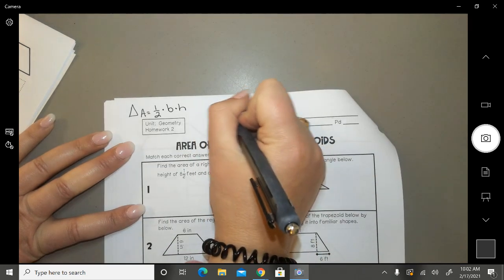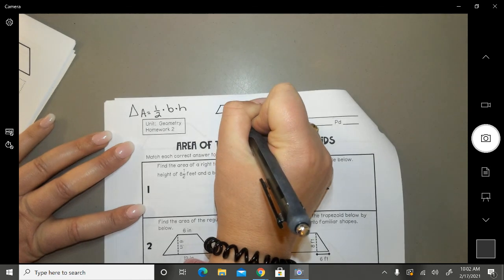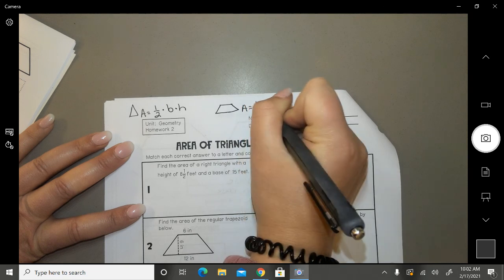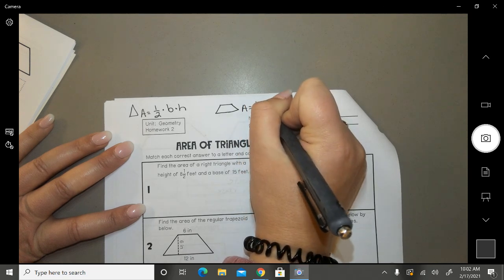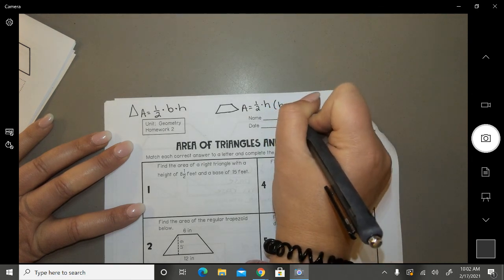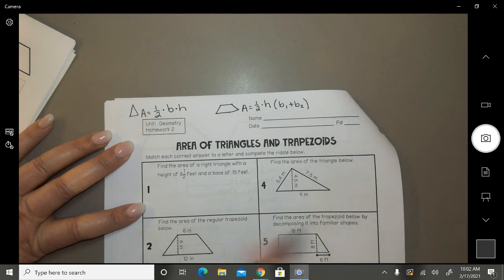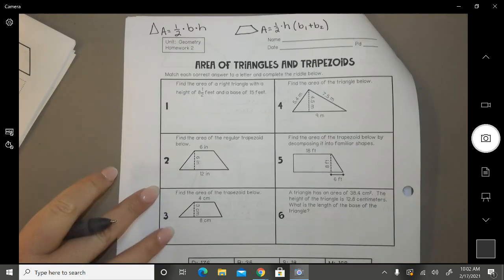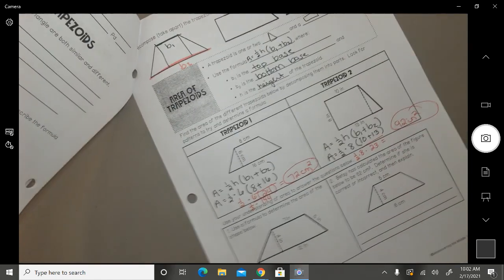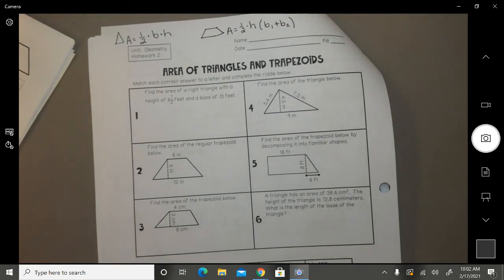For a trapezoid, equals 1/2 h. Okay, so now that you have that information, you're able to solve those. You only have 6 problems for homework tonight. I'm going to come around and check this one. I want you to do this one first, and then you can start on your homework, and you should be good to go. Okay?